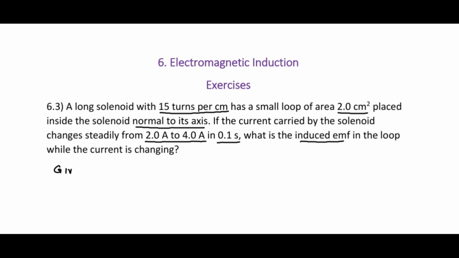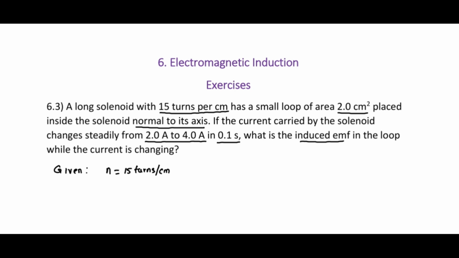Here the given values are 15 turns per centimeter. That means small n is equal to 15 turns per centimeter.